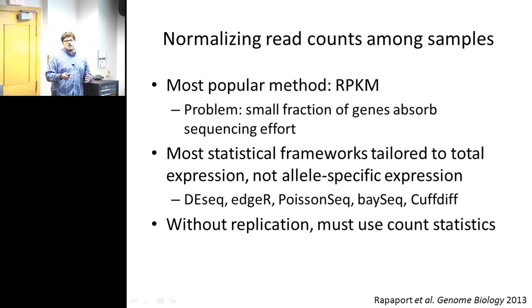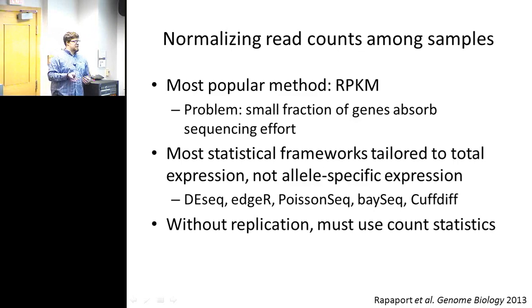One problem with this technique, though, is that for a small fraction of genes that are either extremely large or very highly expressed, small changes in those genes can have a very drastic effect on more lowly expressed genes. So comparing RPKM transformed count data between samples can sometimes be problematic.